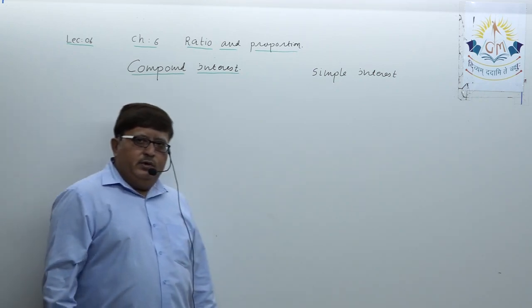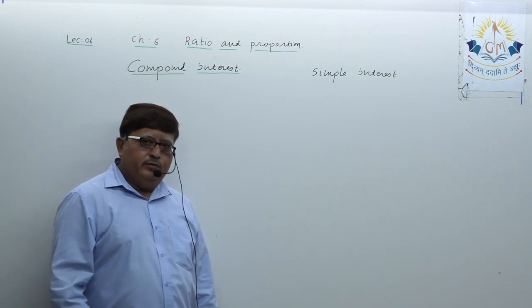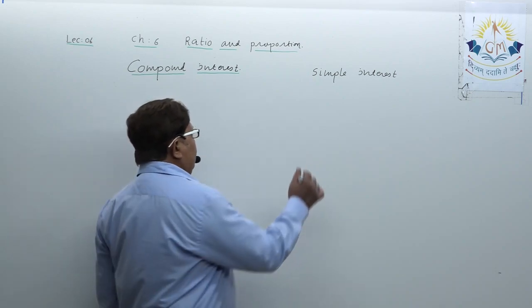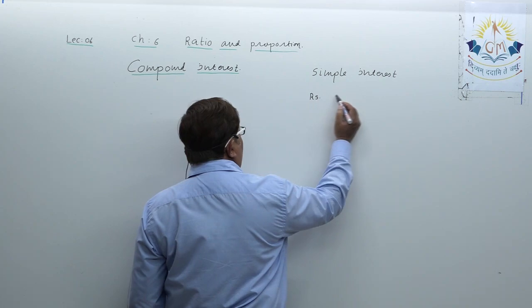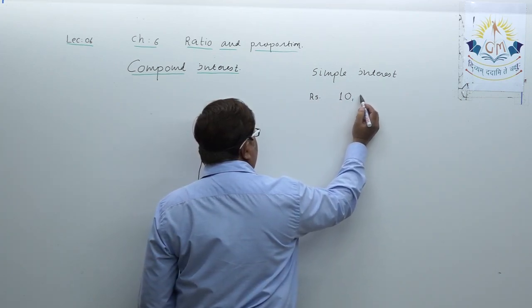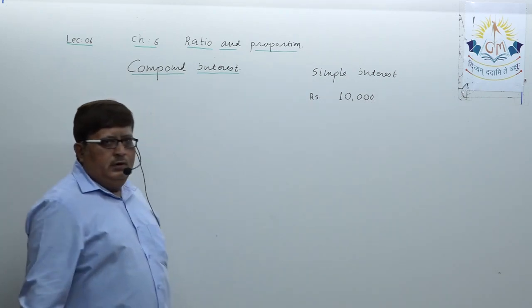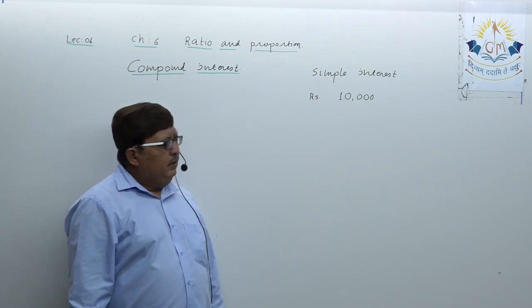In simple interest, what is going to happen? Suppose you borrowed rupees 10,000 from some person or some finance agency, whatever.